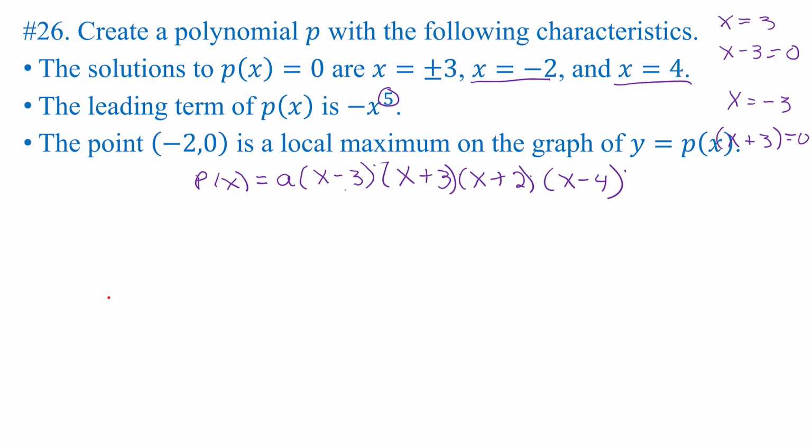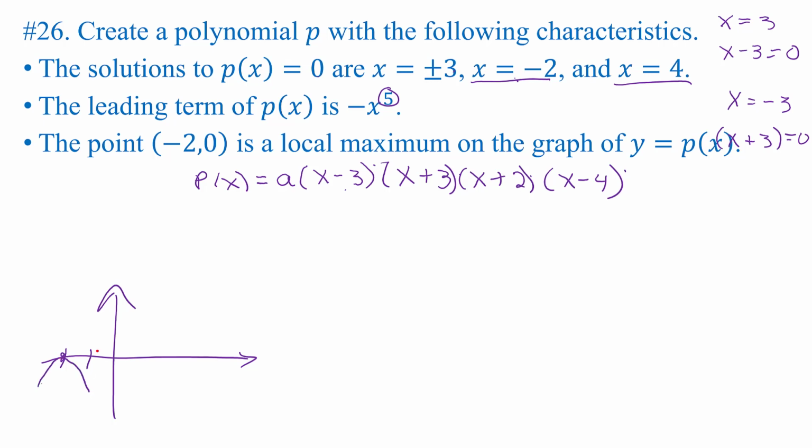So if I was graphing this function, and I have the point (negative 2, 0) right here, we can see that negative 2 is a solution of p of x equals 0, or it's an x-intercept. When y equals 0, we get x equals negative 2. So this particular point on our graph is going to be a local maximum, which means our graph right here is going to look something like that.